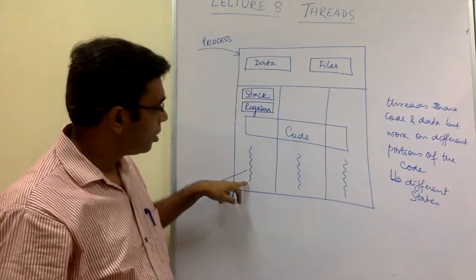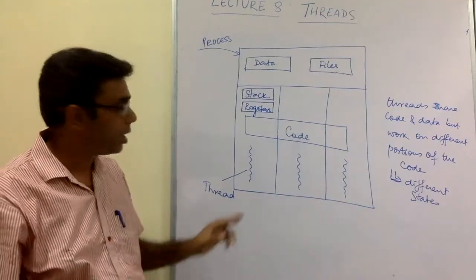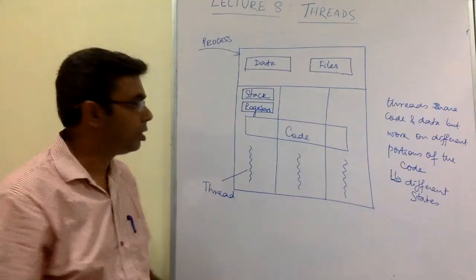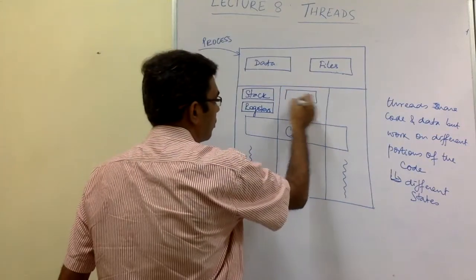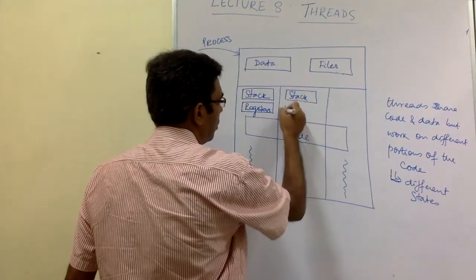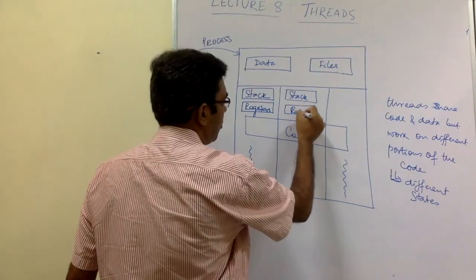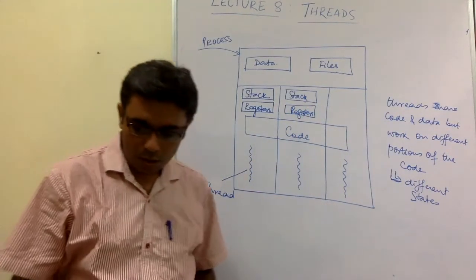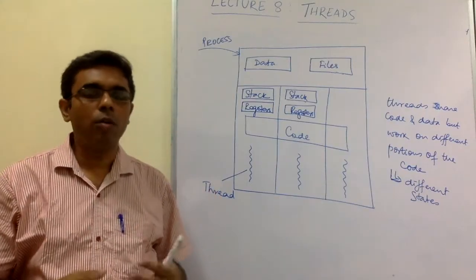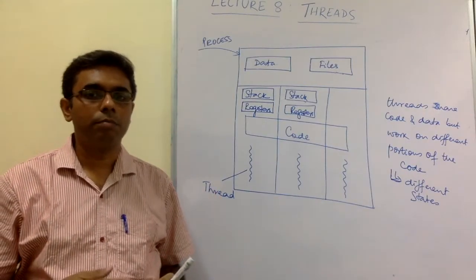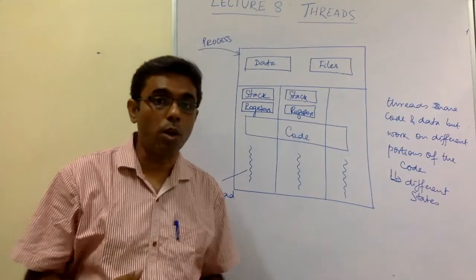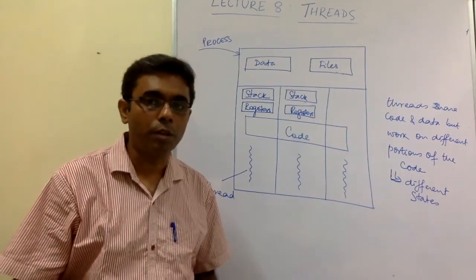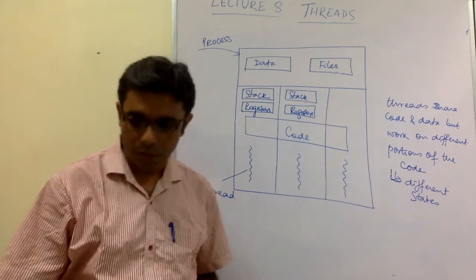However, the ones which would be unique for a particular thread will be its stack and some registers. Each thread will have its own stack and registers. So that is the view of how the threads work and how they share the resources of the process which gave rise to these threads.